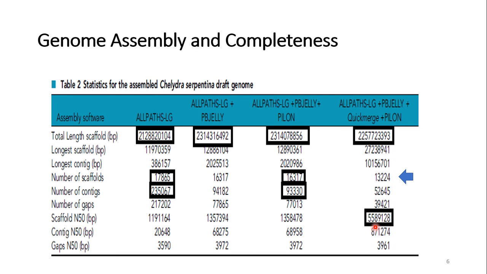The number of contigs and gaps dropped by half, as we can see here, which indicates improvements in the contiguity of the final draft genome.